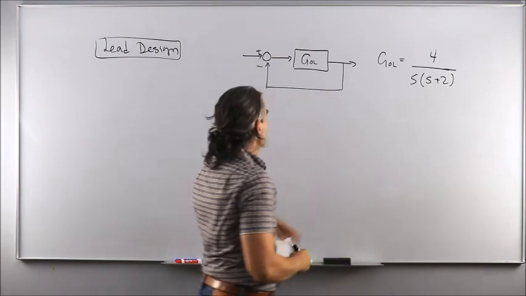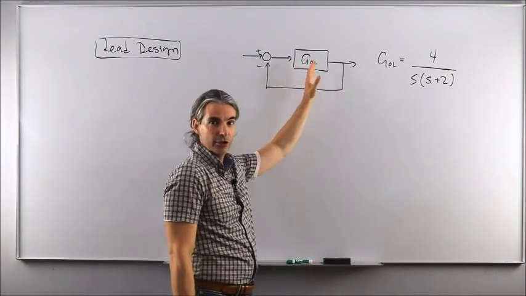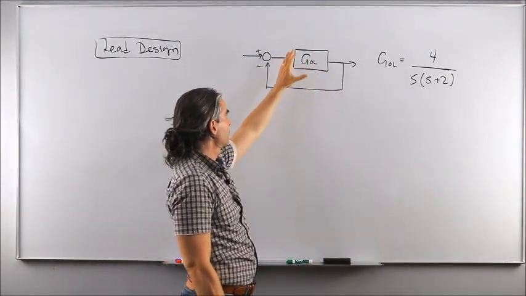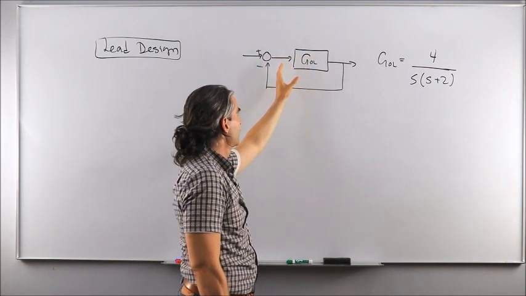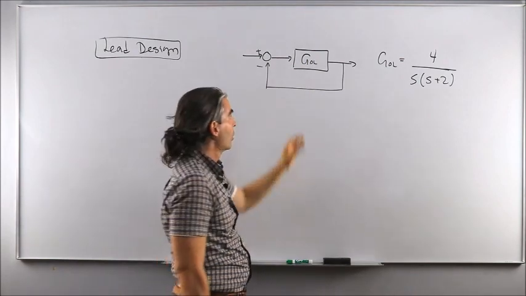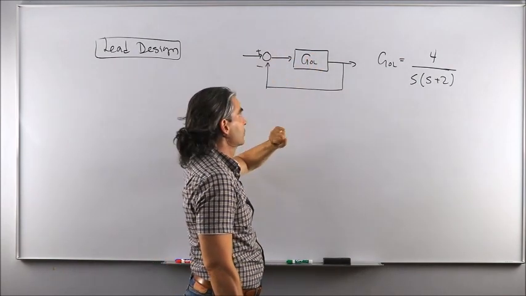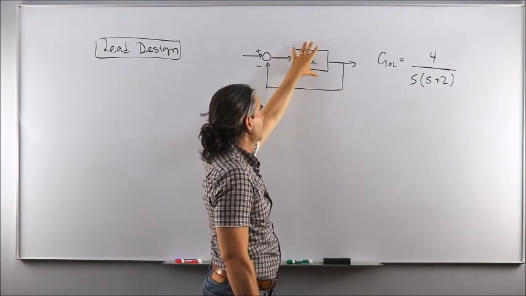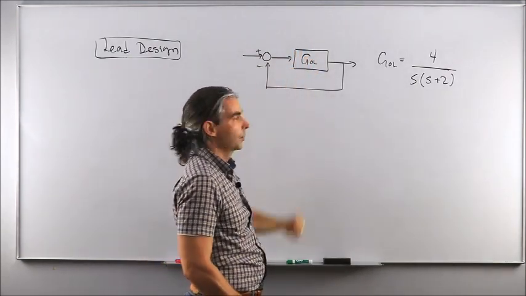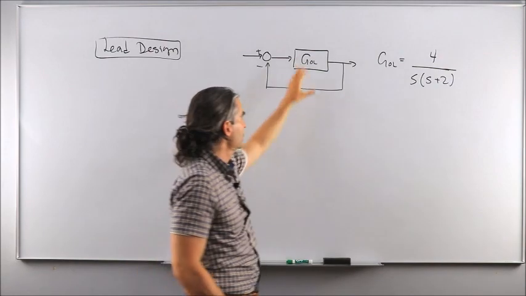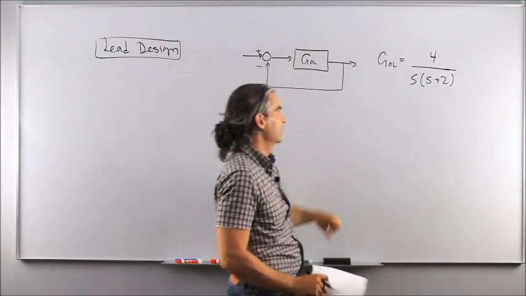Now, whether this G open loop only corresponds to the plant itself without any controller ahead of it, or some plant combined with a proportional controller, or some plant combined with a PD controller merged all together in a single transfer function, this is irrelevant for us. But this is our starting point. We have some sort of open loop transfer function provided by this.